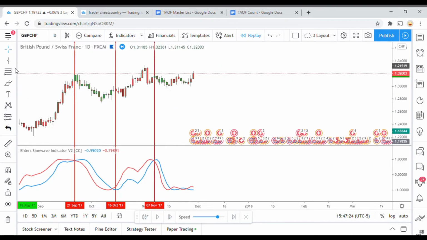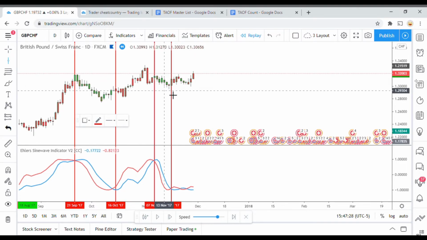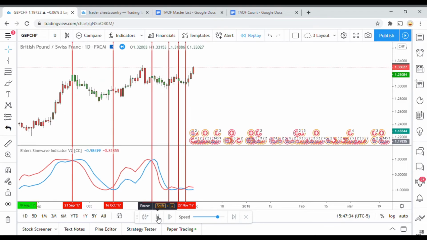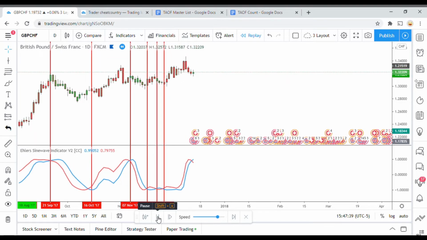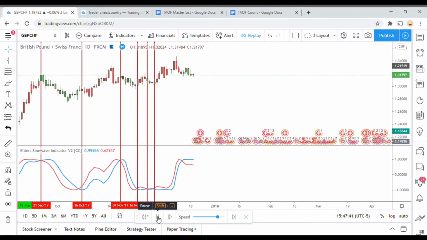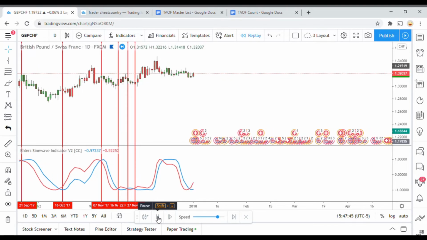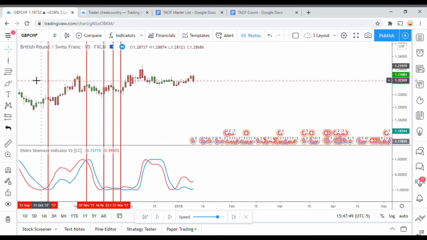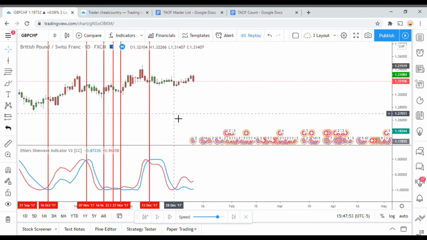Let's see here, so we get a long there, gets us stopped out, short there, that gets us stopped out, long there, and short here. Wow. It definitely went a little wild on us here for a moment. It's like it was massively out of sync.